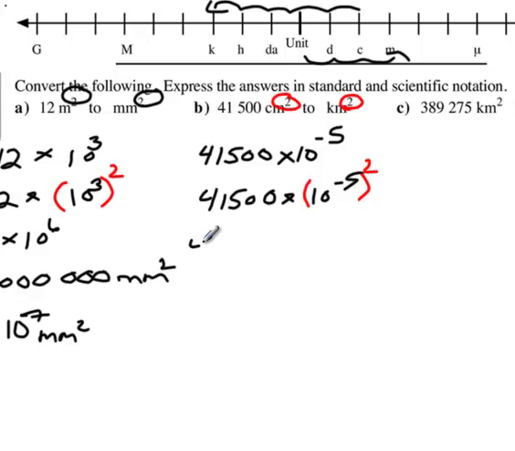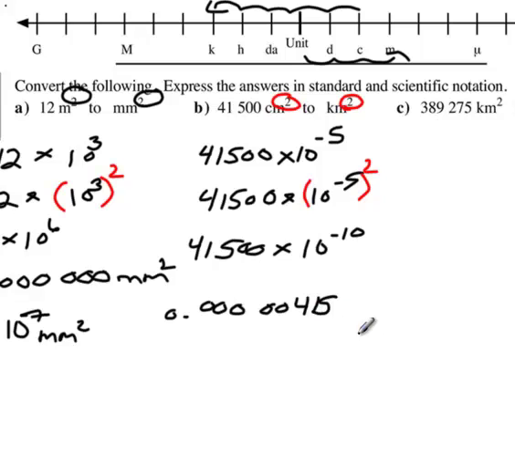So this one will be 41,500 times 10 to the negative 10. If you're going to write that out, it actually is a very small number, 0.000000415 kilometers squared.